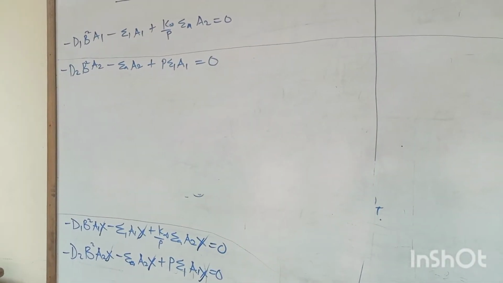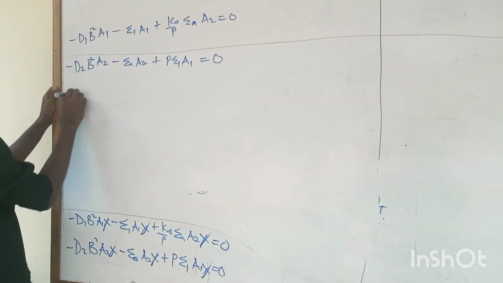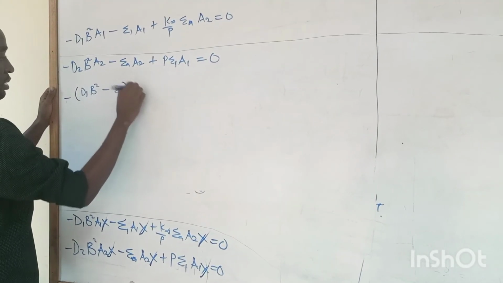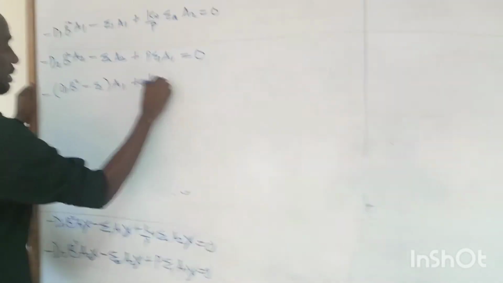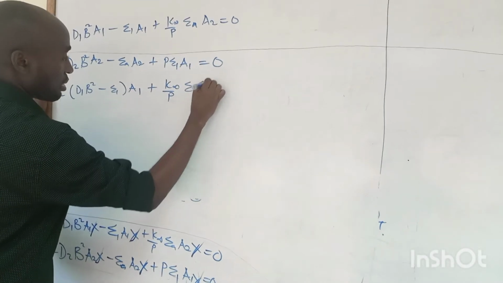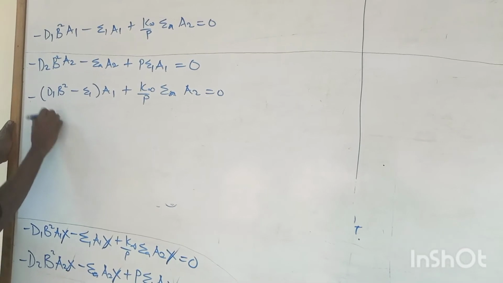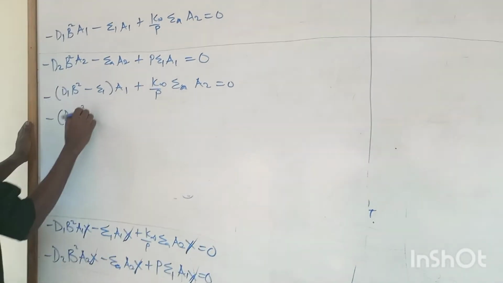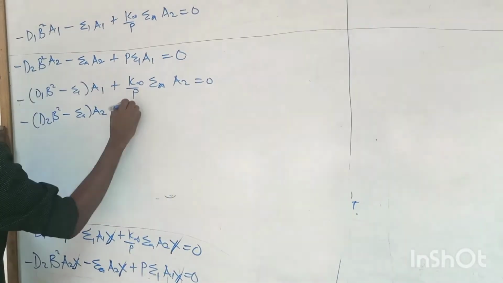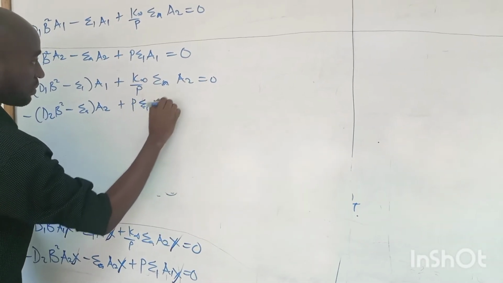So we can put the like terms together. This one will be minus d1 b squared minus e1, a1, plus k infinity p a2 is equal to 0, and this one will be minus d2 b squared minus ea, a2, plus p e1 a1 is equal to 0.